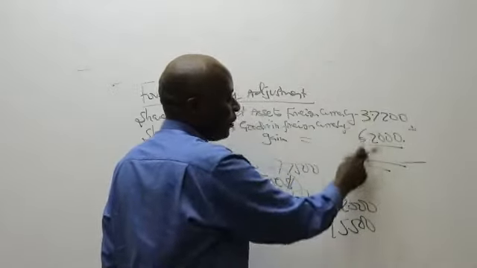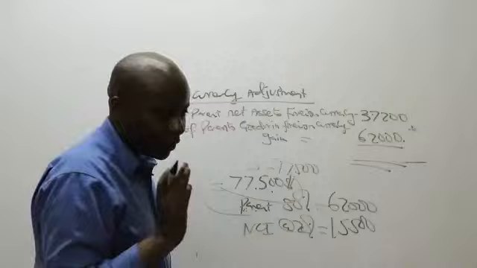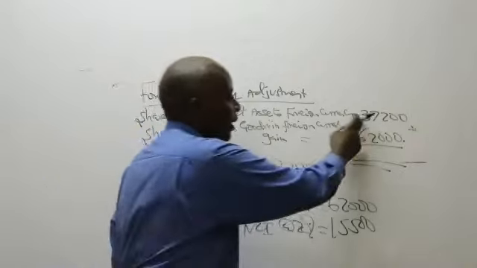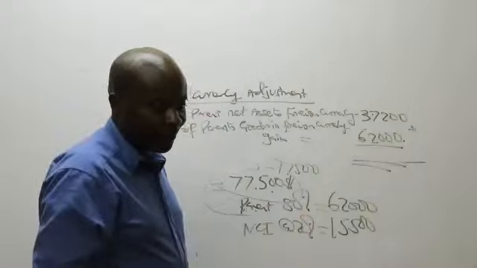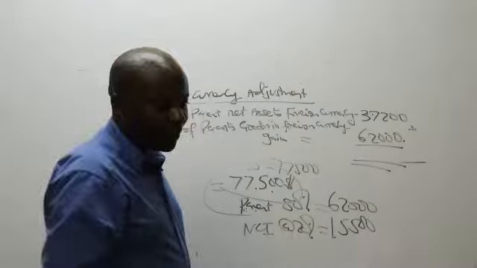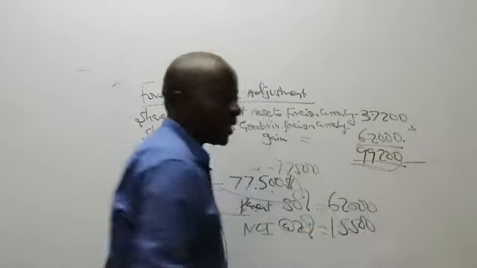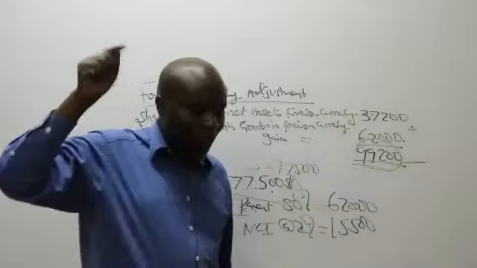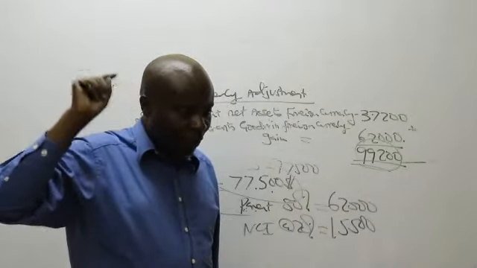Or rather, first of all, give me the total here. For the parent only. So please come here and give me this. 99,200. So what I don't know is whether you have been able to fix that figure somewhere in your statement of financial position.